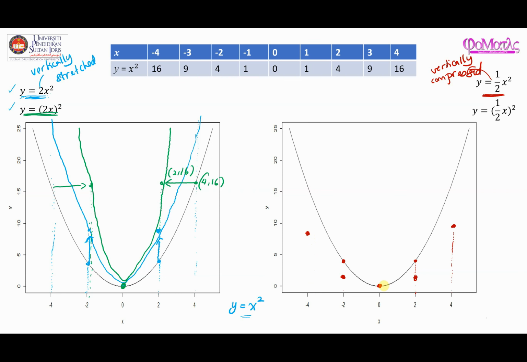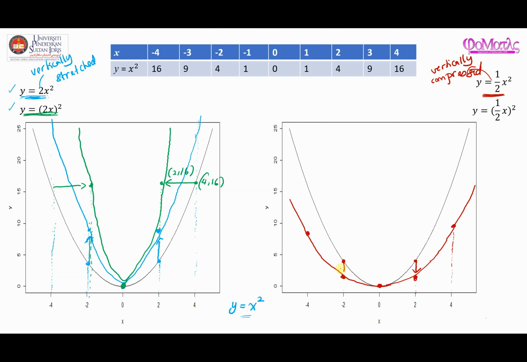So then our graph will look like this. Now I hope you can see that this is being vertically compressed.